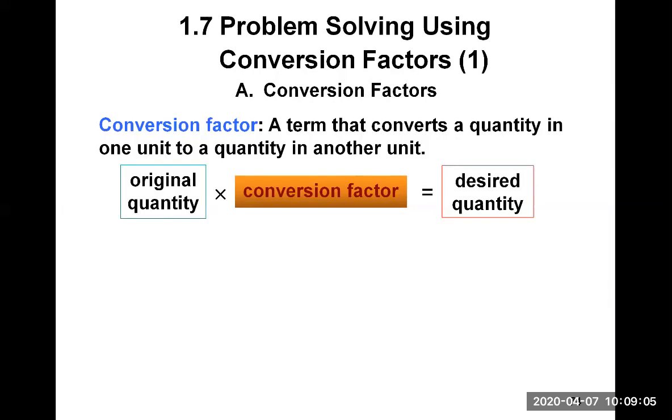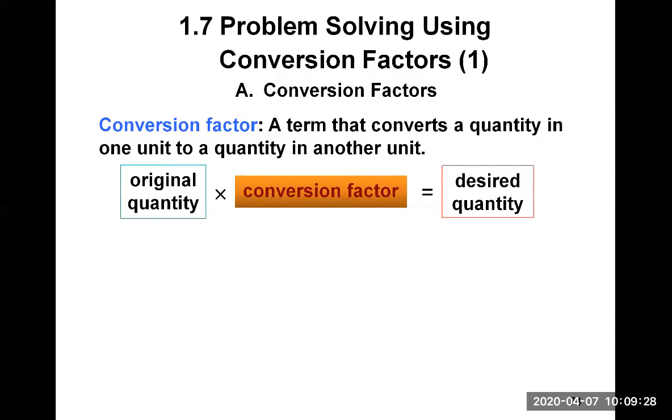So we will use conversion factors. A conversion factor is a term that converts a quantity in one unit to a quantity in another unit. We convert a measurement in the original unit by multiplying by that conversion factor.